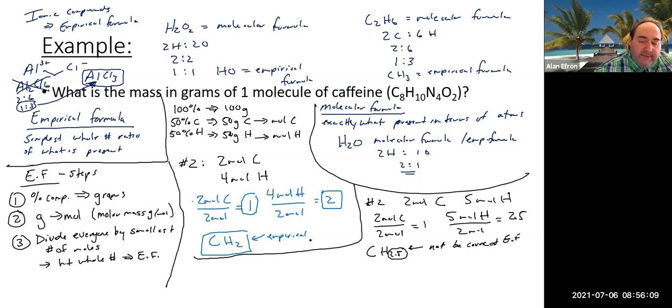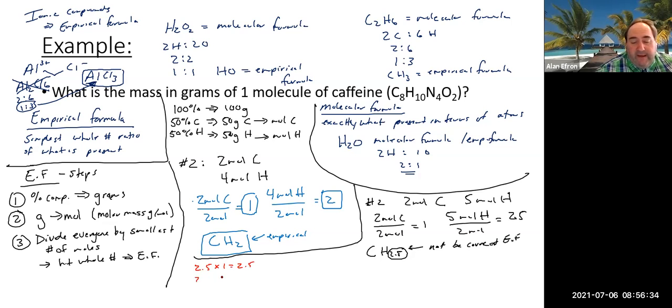But in a situation like this where we have 2.5, that 0.5 is not close enough to round to the nearest whole number. So usually what we want to do is find a factor to multiply this empirical formula by to get a whole number. You can just do trial and error. Sometimes people go, okay, I got 2.5, and if I times that by 1, that's 2.5.